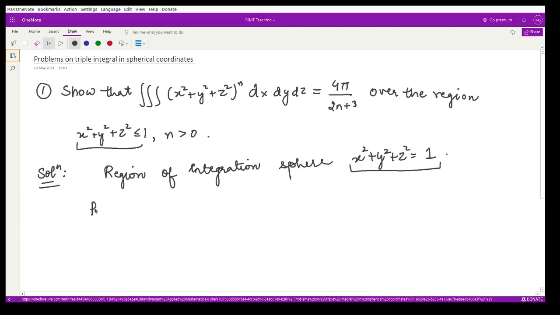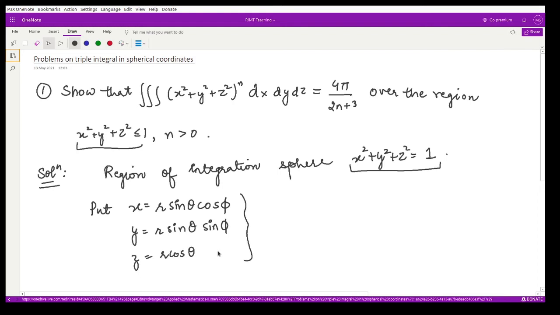So for that we will substitute instead of x the value r sine theta cos phi, instead of y r sine theta sine phi, and instead of z r cos theta. You should know the relationship between these values, and moreover we have to see what our limits of integration are.